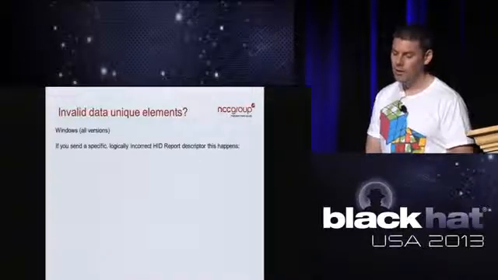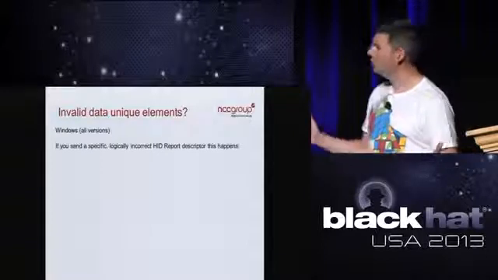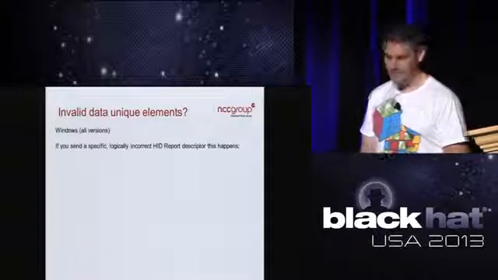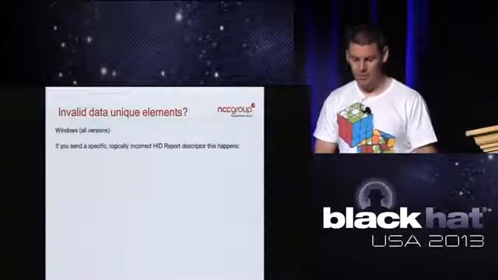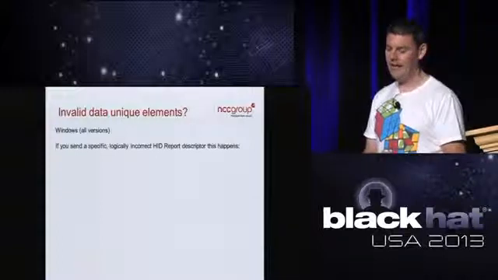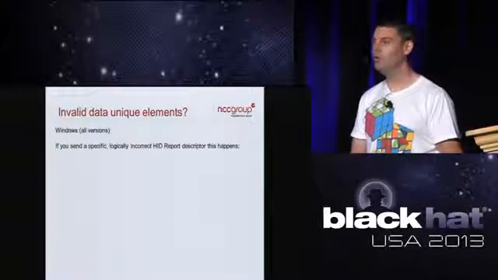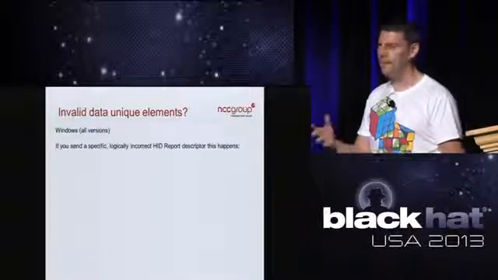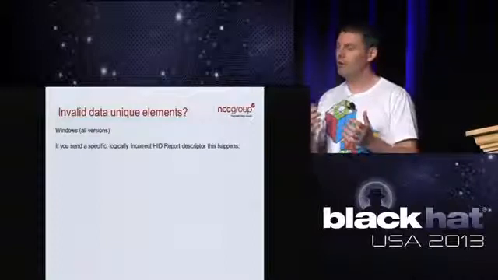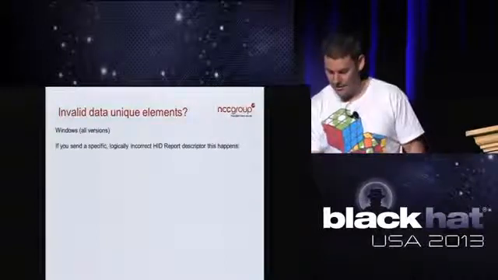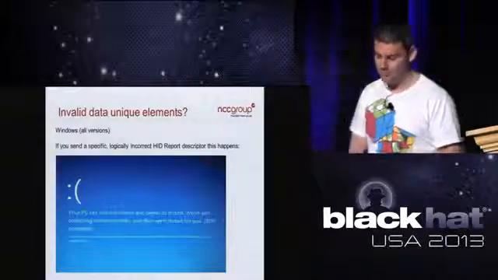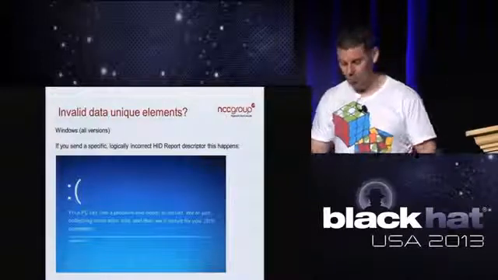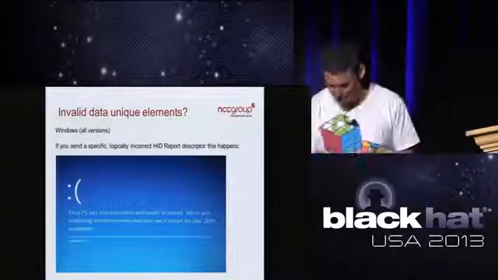So as an example, on Windows, any version after XP does this, but up to the current version, if you send a specifically logically incorrect HID report descriptor, so one of those descriptors that's sent in the initial enumeration phase but contains data about the configuration of the USB device, if you send a logically incorrect report descriptor, this happens. Obviously not very useful if you're trying to fingerprint the system, but from an identifying bugs perspective, pretty cool.